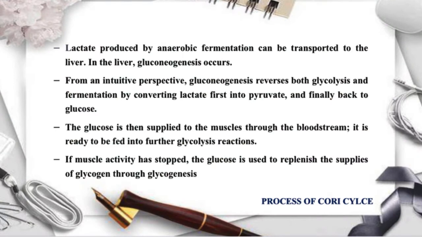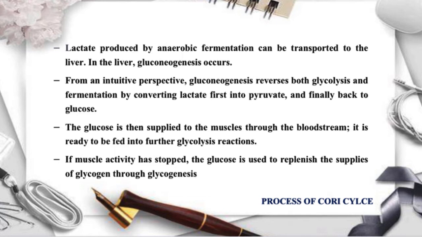In the liver, gluconeogenesis can occur. From an intuitive perspective, gluconeogenesis reverses both glycolysis and fermentation by converting lactate first into pyruvate and then back into glucose. The glucose is then supplied to the muscle through the bloodstream. It is ready to be fed into further glycolysis reactions.